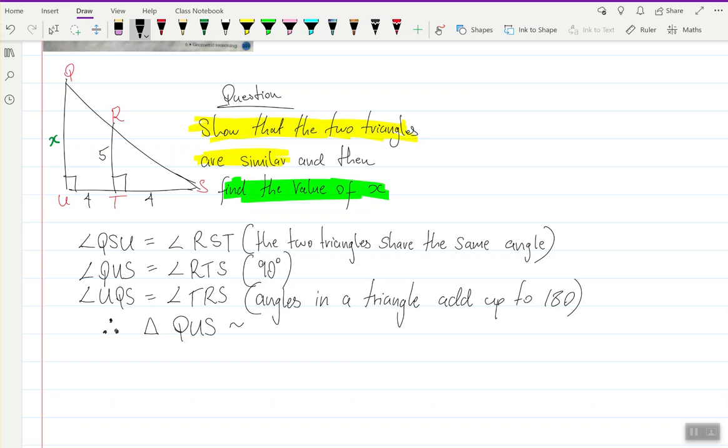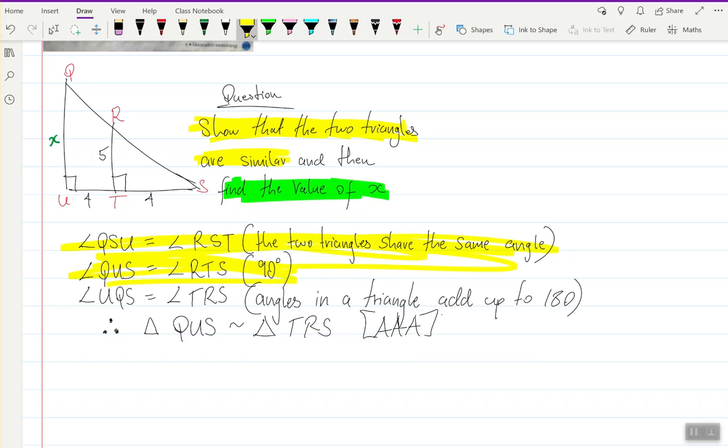We say it's similar to the small triangle, which is triangle TRS. And then in brackets, I would say angle, angle, angle. Those are the three angles that are the same that we just said. So all of this really is just showing that the two triangles are similar. I still have to find x. Do you see how it's a long question?